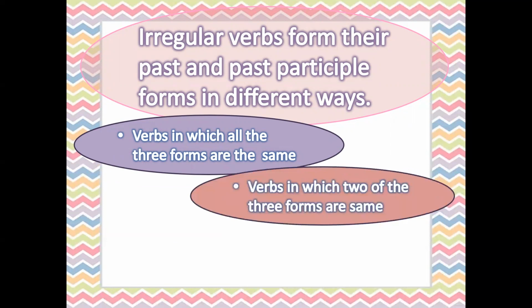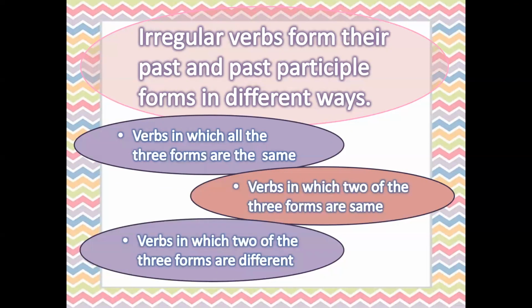The second one is verbs in which two of the three forms are the same. And the third one is verbs in which all three forms are different, right, students? So now let's see a few examples of the three types of irregular verbs.